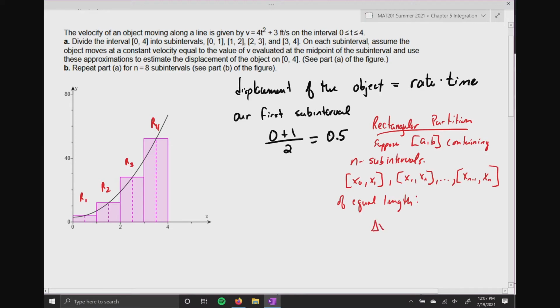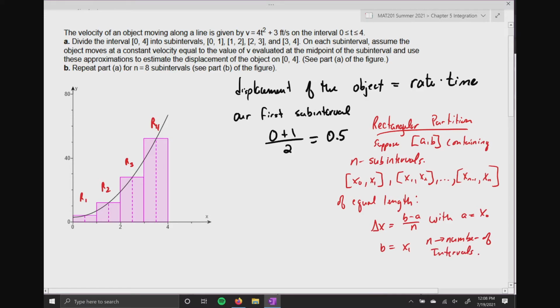The change in x, in other words delta x, is going to equal b minus a divided by n, with a equal to the initial point of that interval, b equal to the final point of that interval, and n representing the number of intervals that you want.